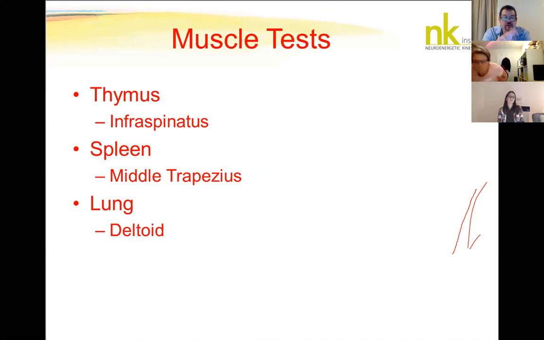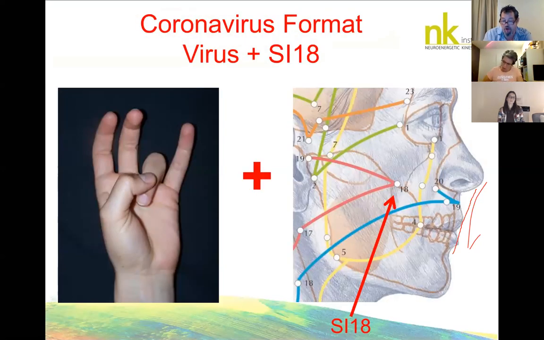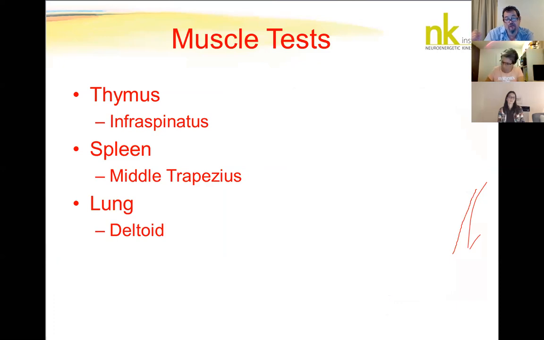So this is the way you can do balancing for the coronavirus, using this format in combination with the muscle tests.